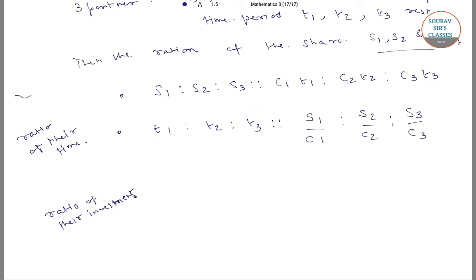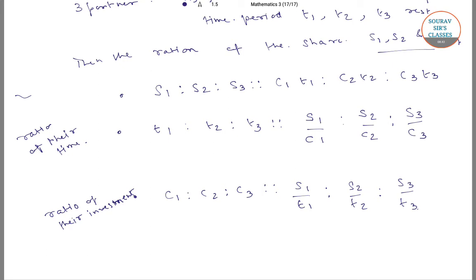Similarly, the ratio of their investment is given by C1 is to C2 is to C3 is proportional to S1 by T1 is to S2 by T2 is to S3 by T3, where S1, S2 and S3 are the shares of each partner and T1, T2, T3 are the time for which their capital has been invested.